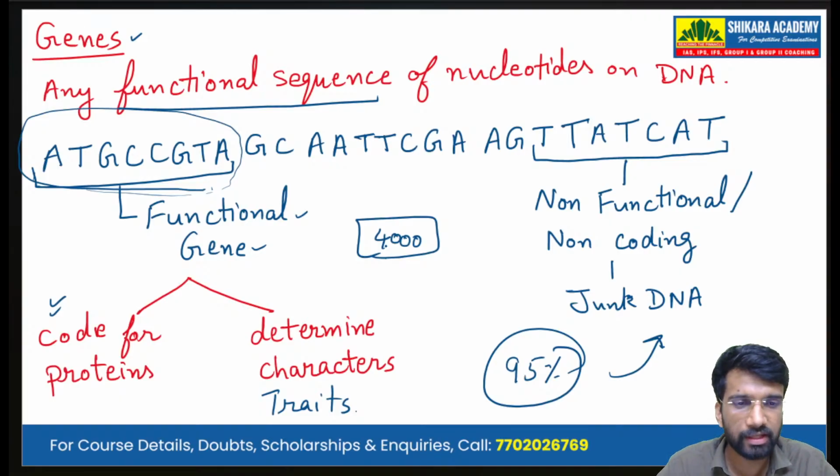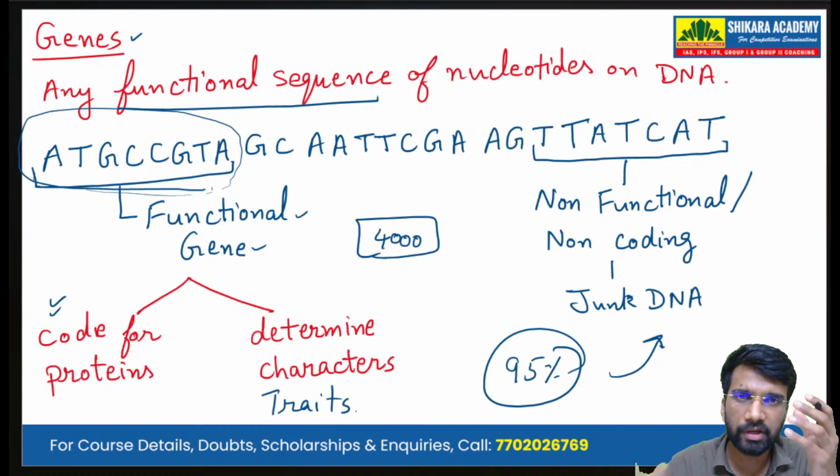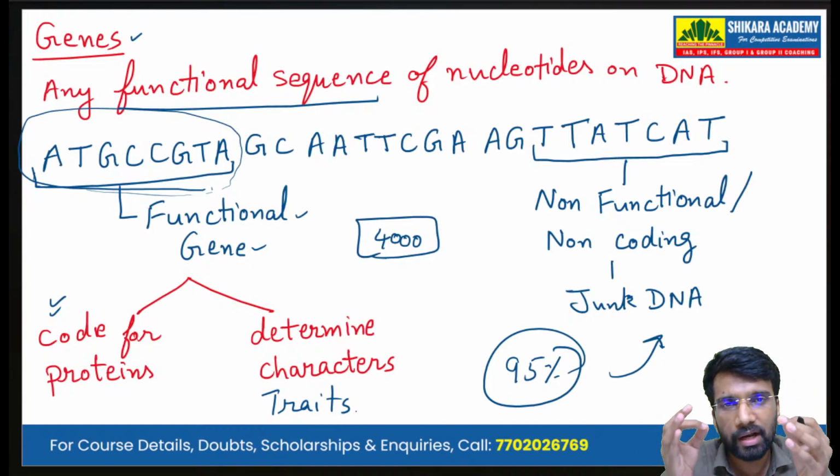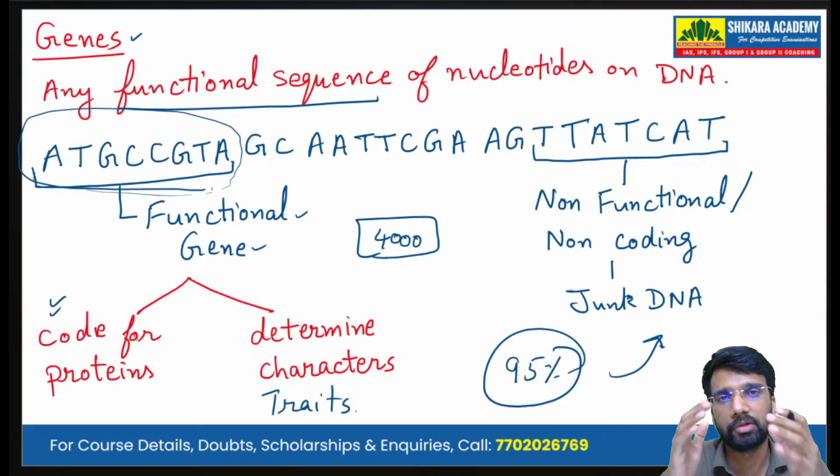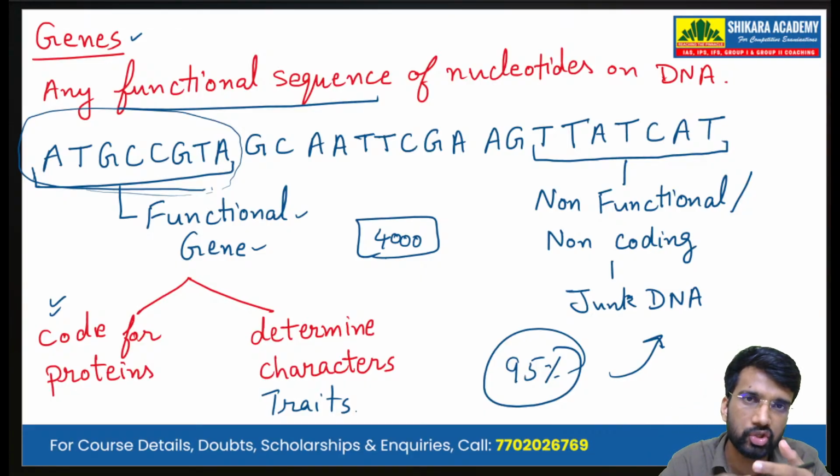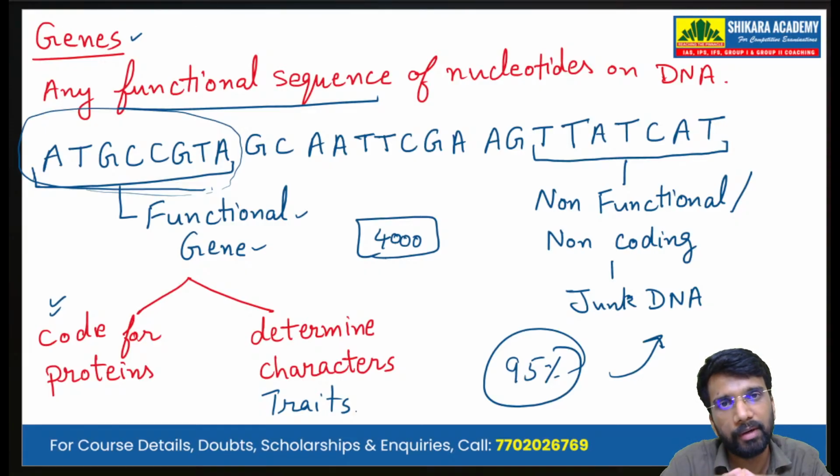If we make an analogy, we can take the nucleotides, A, T, G, C, as letters of the English alphabet, from A to Z. These are like the single entities.